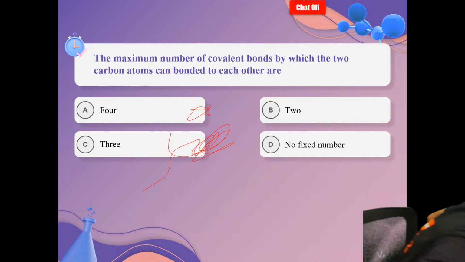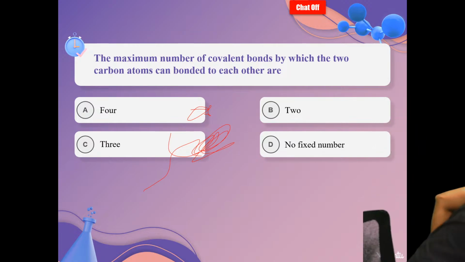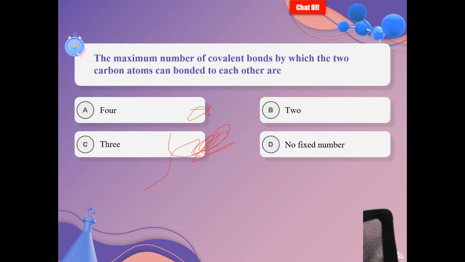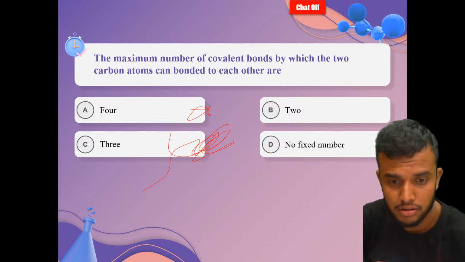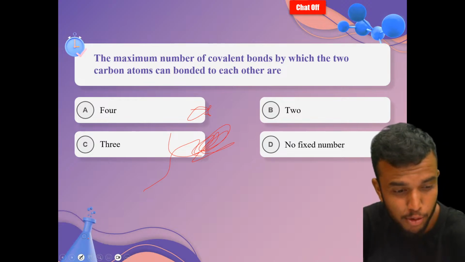Students, one second, I'm back. I think the pen has some problem here. Yes, now this pen. That pen has a problem, my dear students.